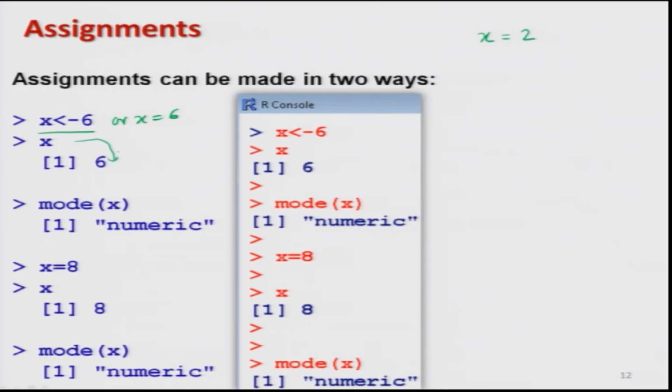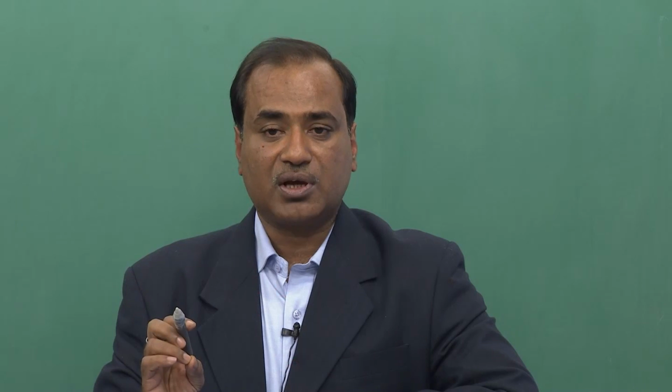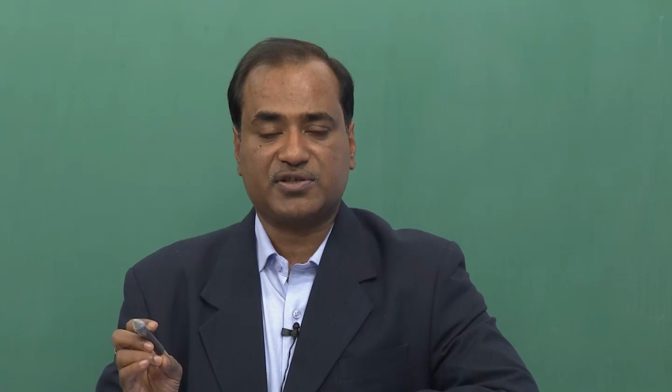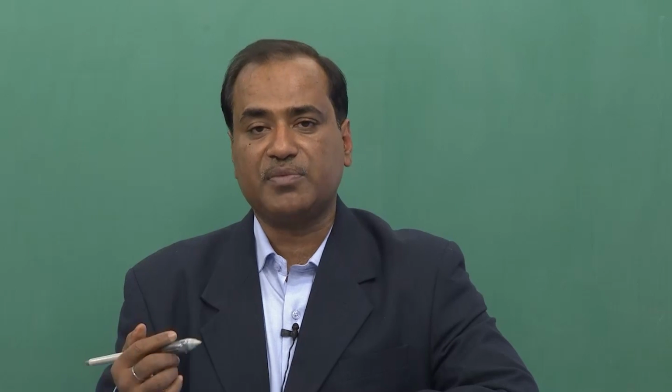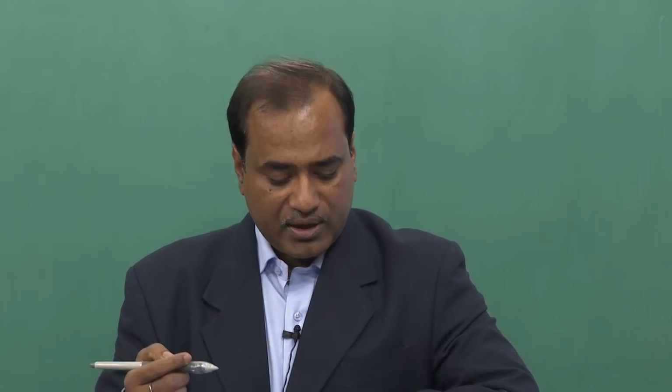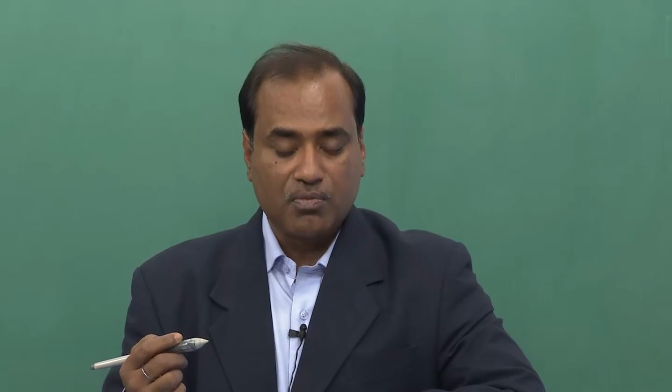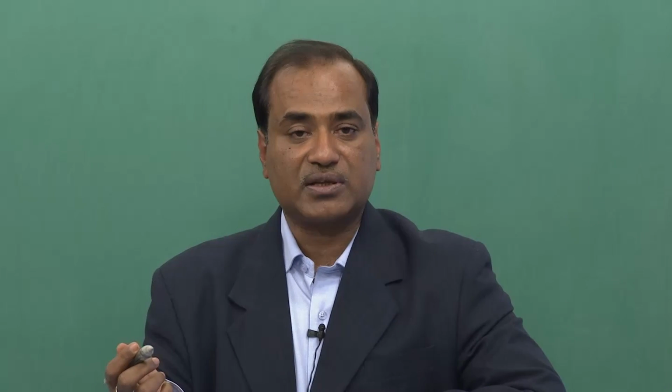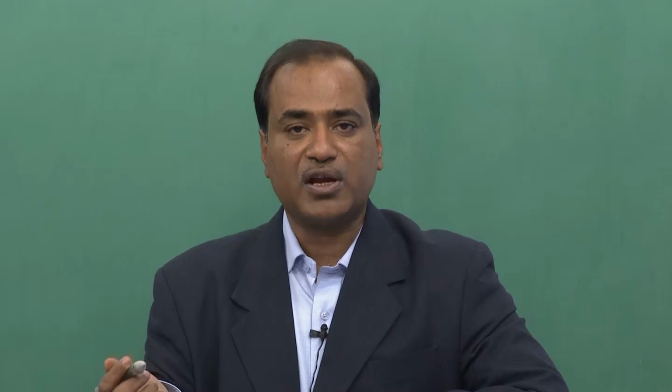Now, I would like to show you something else. Suppose I want to find out the mode of x. Just to be clear, I am not finding the statistical mode from the topics of mean, median and mode. Here I am trying to find out the mode of x, meaning the nature of x, whether it is numeric or not.